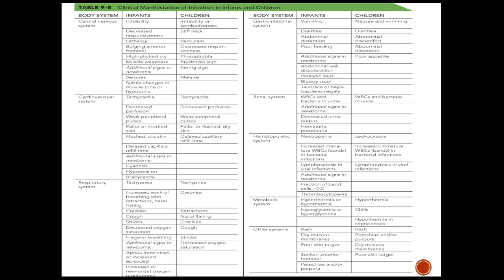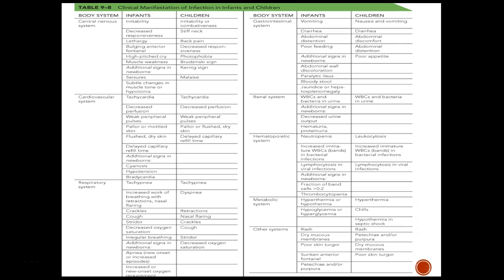For their hematopoietic system, in babies, we might see a fraction of band cells, or you might see increased immature white blood cells, which are your bands, if the infection is caused by bacteria. Same thing with children. For the metabolic system, in children, you may see hyperthermia, so a fever. They might end up with chills.